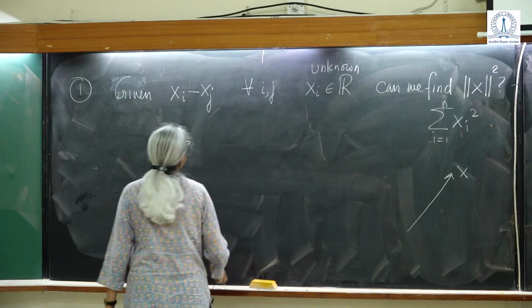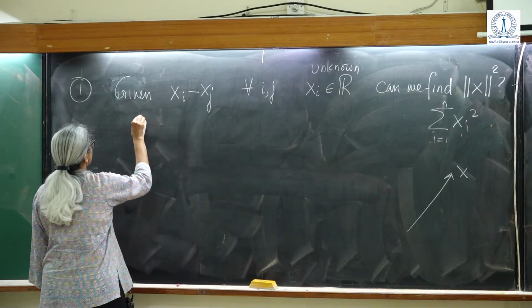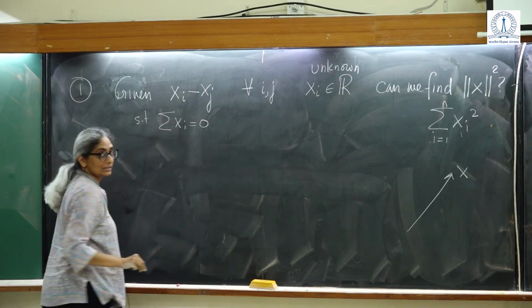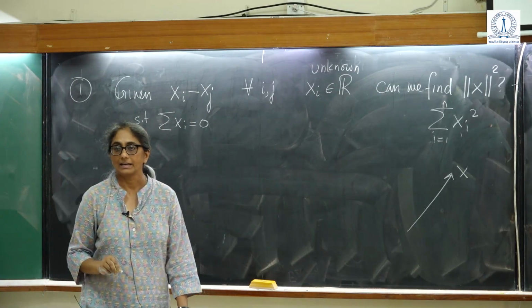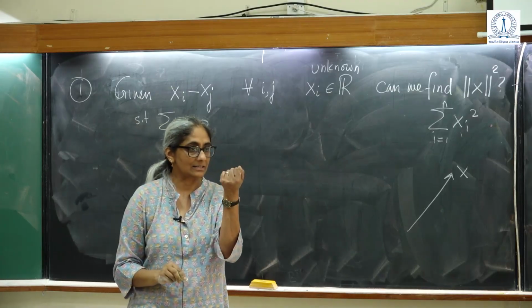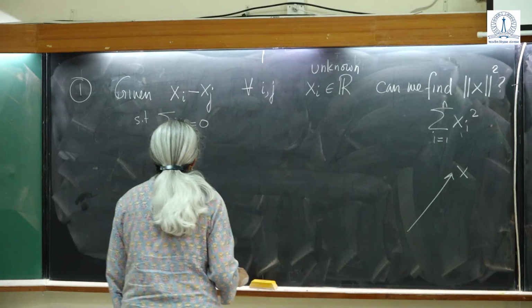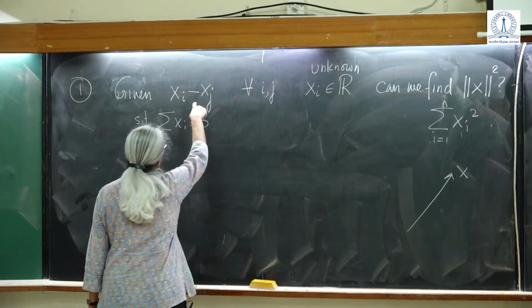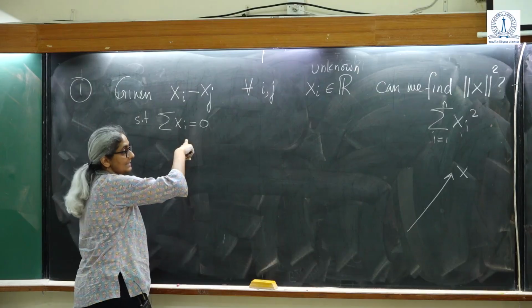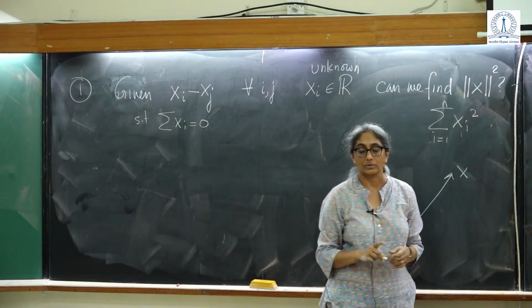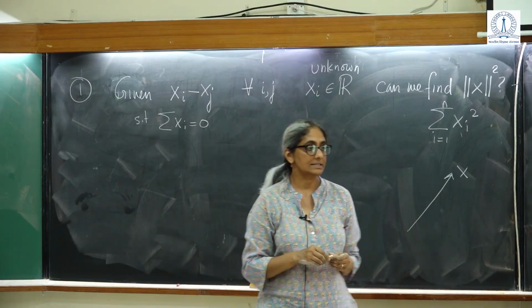I'm also going to tell you that the sum of the xi's is 0. I need to normalize it somehow, so that if you add stuff, it'll just cancel out when you sum it together. So I've given the differences, and I know that the sum of the xi's is 0. The question is, can we find the norm squared of x? Yes?